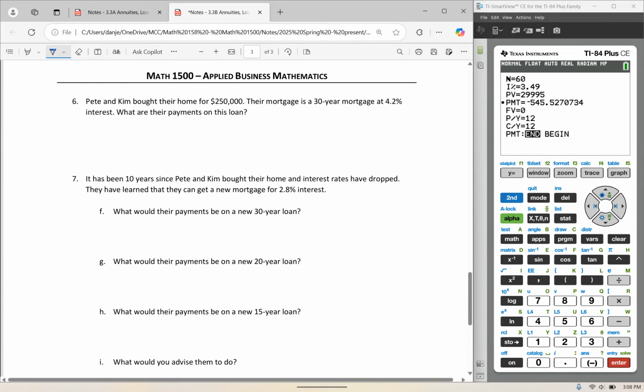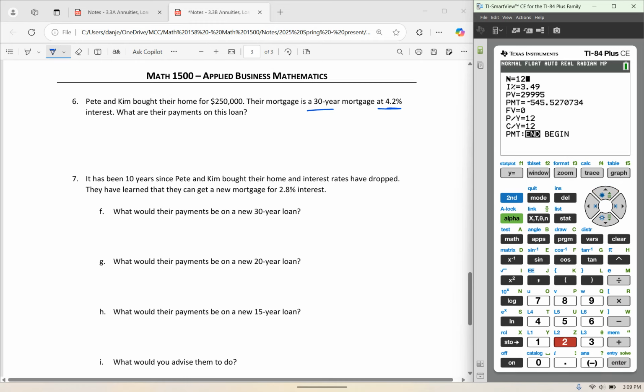My friends Pete and Kim bought their home for $250,000. The mortgage is a 30-year mortgage, as most of them are when you buy your first home, at 4.2% interest. Over the years, interest rates go up, they go down. When they bought their house, it was at 4.2% interest.